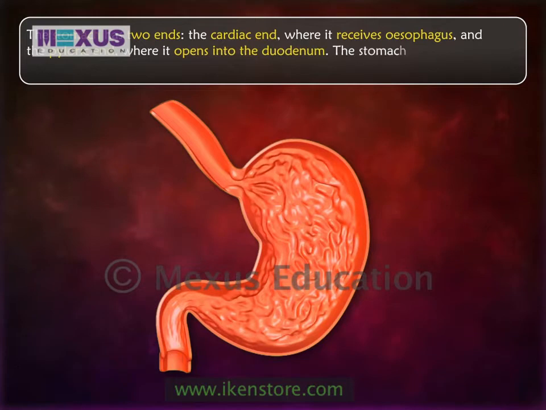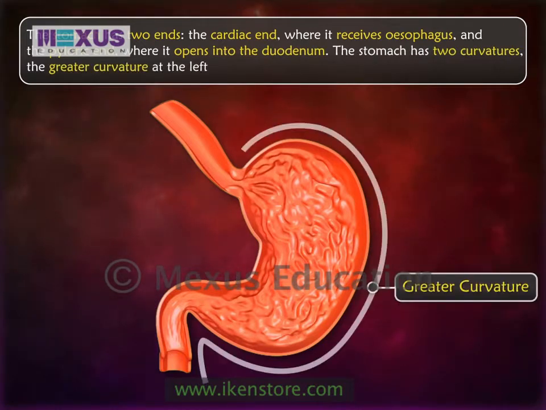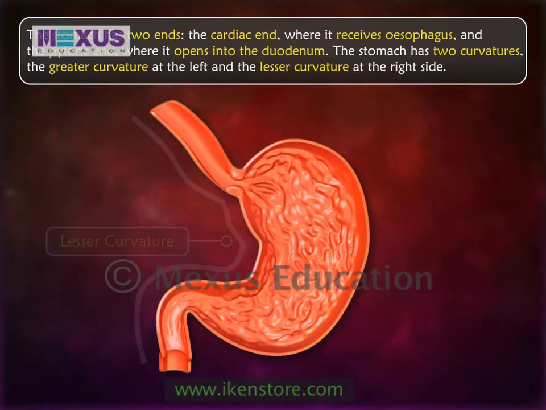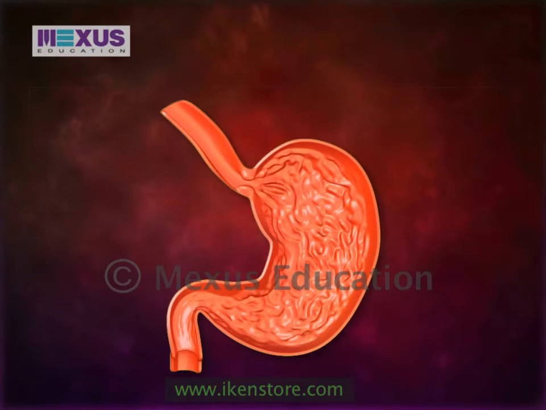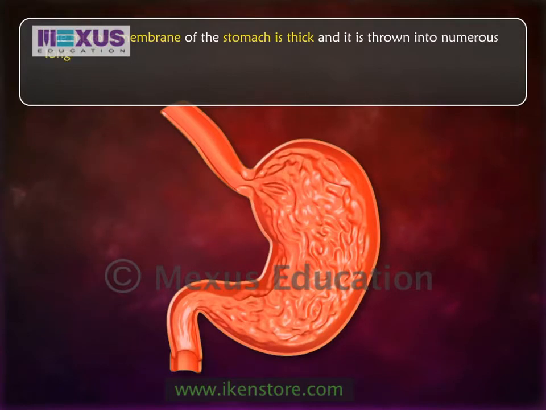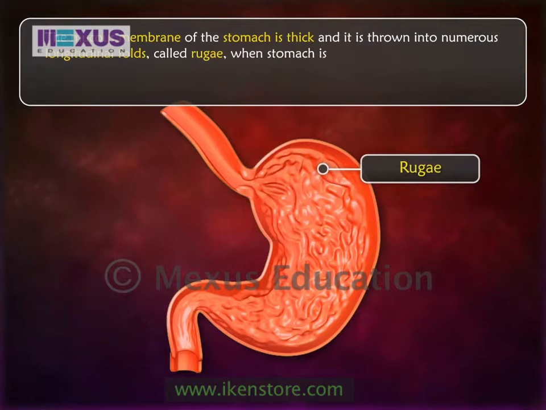The stomach has 2 curvatures, the greater curvature at the left and the lesser curvature at the right side. The mucous membrane of the stomach is thick and it is thrown into numerous longitudinal folds called rugae when the stomach is empty.